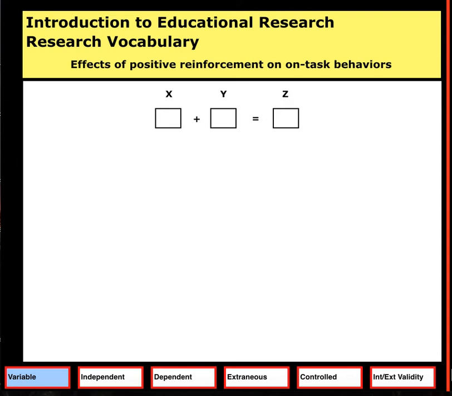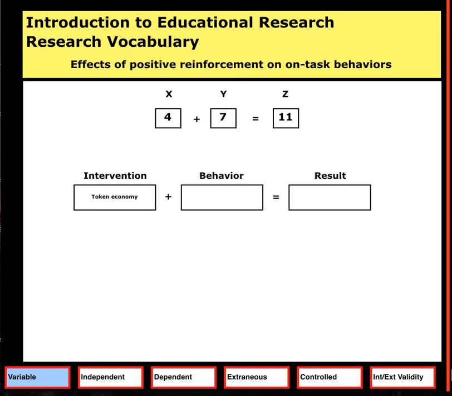Theoretically, X and Y can take on any values assigned to them, and Z will then be the sum of those values. So, just as an example, we can put 10 in X, 5 in Y, and then Z becomes the sum of those. Or we can put 4 in X, 7 in Y, and Z becomes the sum. Okay, those were variables we were used to in algebra. In research, variables serve a somewhat different function.